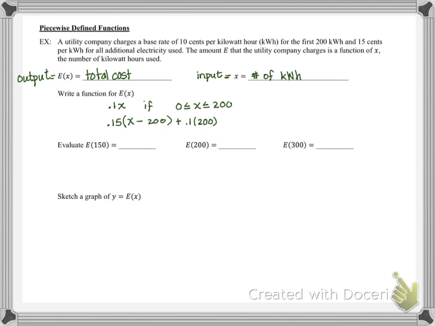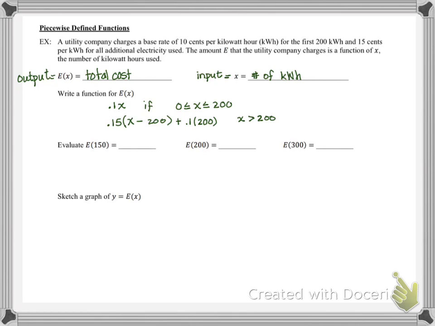We don't, right? Because we get the negative 100 that we multiply by 0.15, which is like saying they're giving us back 15 cents for everything less than 200, which they're not going to do. So this is only valid if x is greater than 200, right?